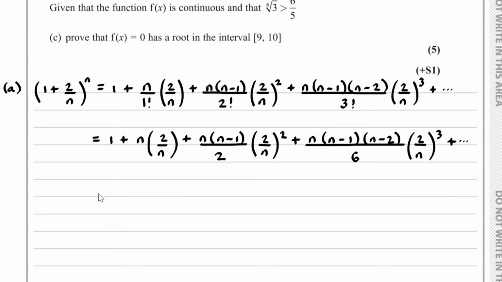So if we continue with the expansion, we have 1 plus, now here we have 2n over n, which is just 2, and then here we would have n multiplied by n minus 1 over 2 multiplied by 4 over n squared.